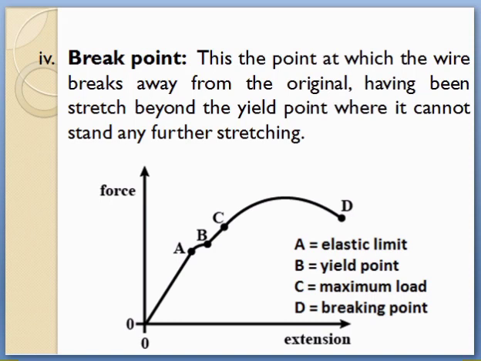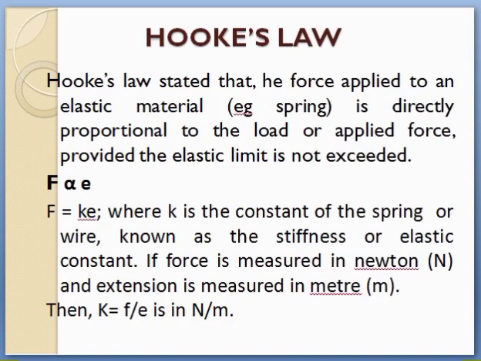This now leads to our next line of discussion, which is Hooke's law. Hooke's law states that the force applied to an elastic material, that is a spring, is directly proportional to the load or applied force, provided the elastic limit is not exceeded.